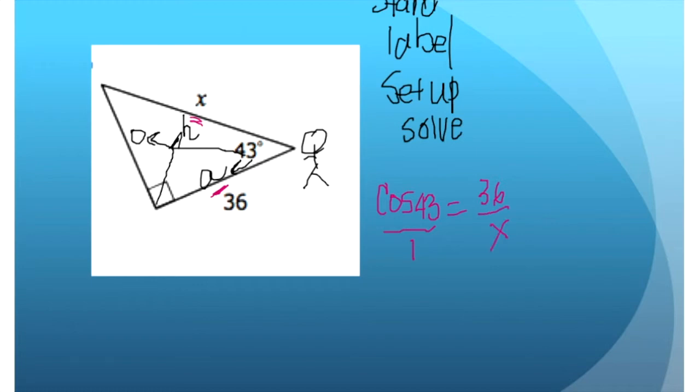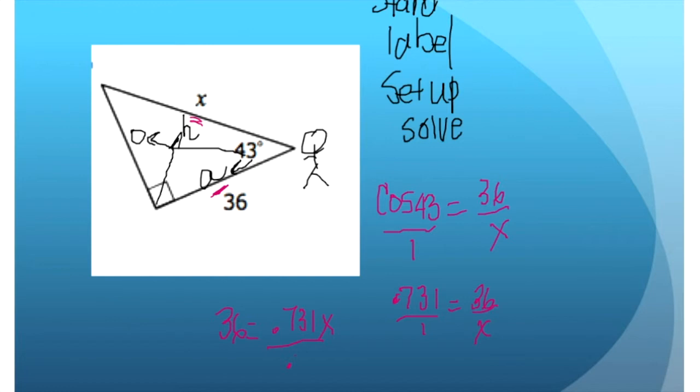Next, we're going to cross multiply. First we're going to find a decimal for the cosine of 43. And the cosine of 43 happens to be 0.731. So 0.731 over 1 equals 36 over X. We're going to cross multiply, and when we cross multiply, we get 36 is equal to 0.731X.